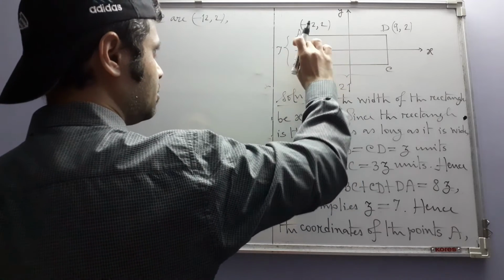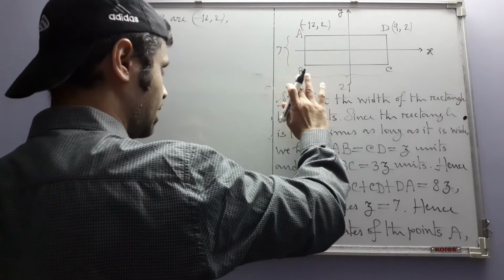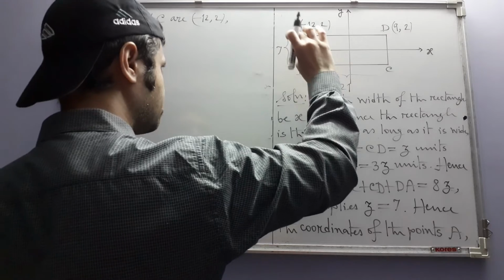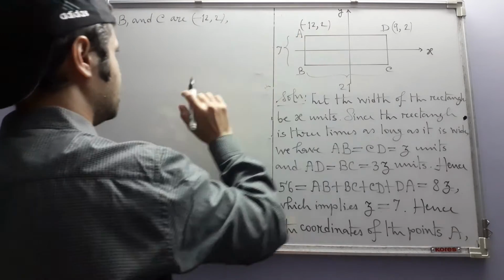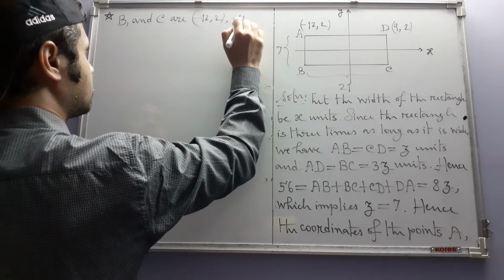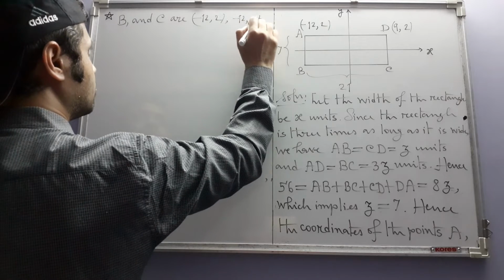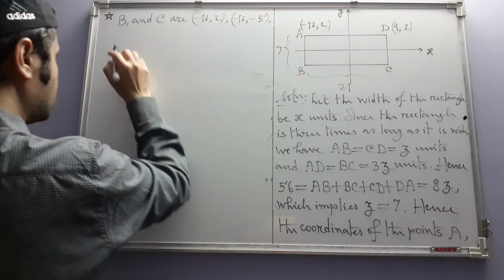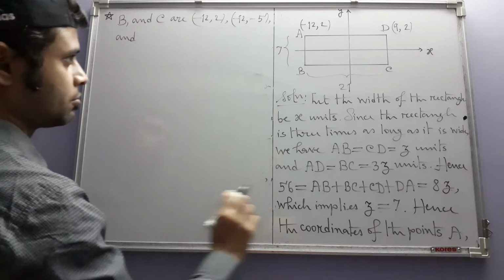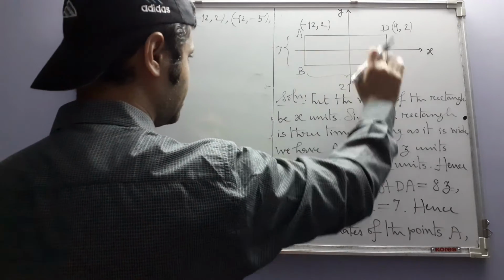Then minus 12 minus 5, because then 5 and 2 will give us 7. And what about this 9 minus 5?